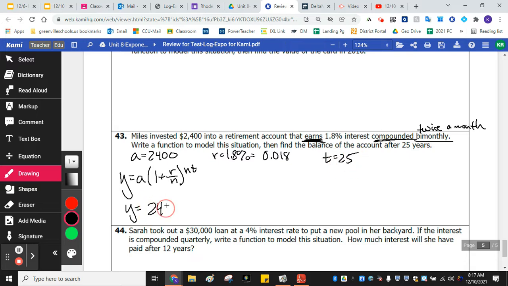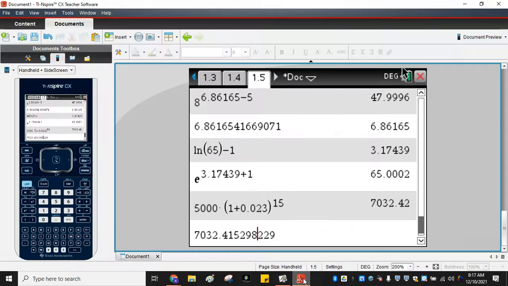So 2,400 times 1 plus 0.018 over n, twice a month, 12 months, so we have 24 as our n. And that's what we're typing in the calculator.